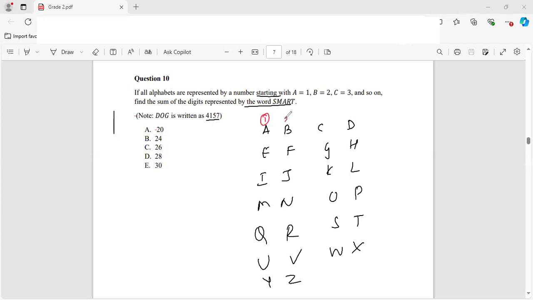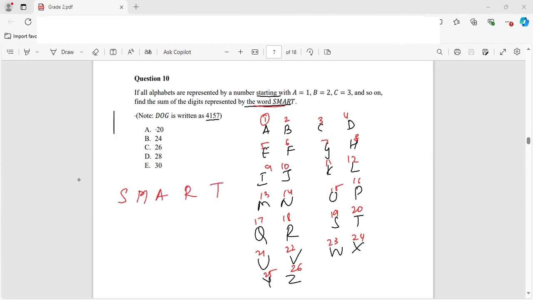So this is numbered as 1, 2, 3, 4, 5, 6, 7, 8, 9, 10, 11, 12, 13, 14, 15, 16, 17, 18, 19, 20, 21, 22, 23, 24, 25, and 26. Now, how would we have to find the sum of the digits represented by the word smart?